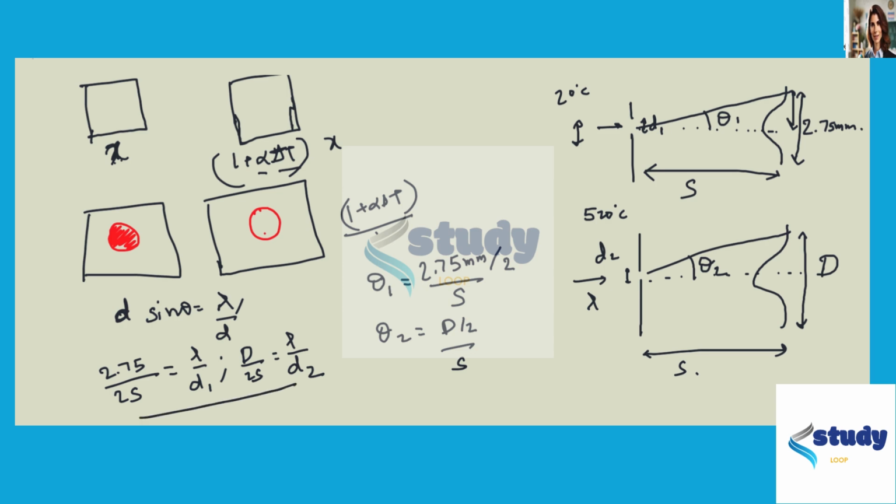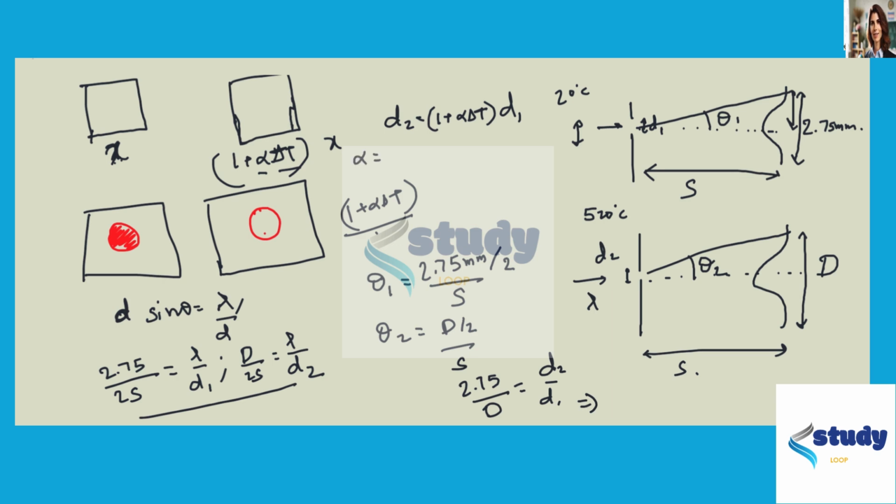By dividing these two equations, we see that 2.75 by D is equal to d2 by d1. Now we know that d2 is simply (1 plus alpha delta T) times d1 because of the thermal expansion.